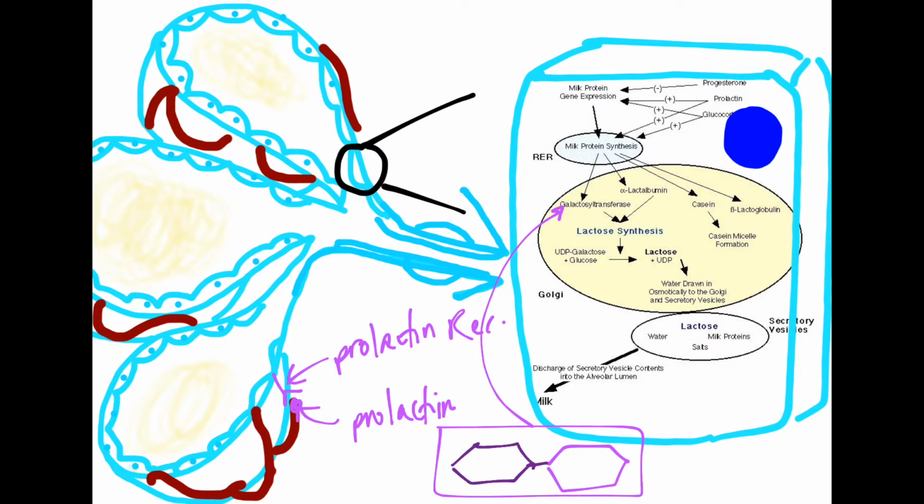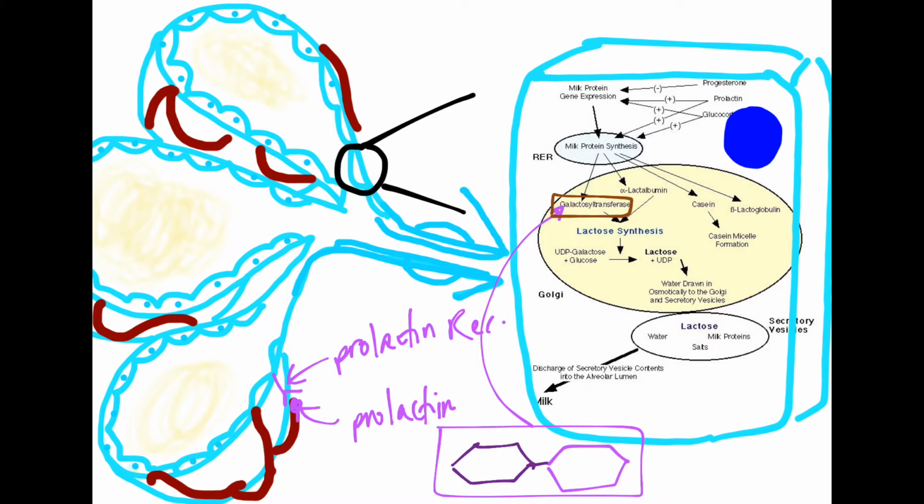We said that prolactin is responsible for producing a carbohydrate, which is lactose, by increasing this enzyme right here, lactosyl transferase. It also produces two types of proteins: casein proteins, which are responsible for forming globules that give calcium and phosphorus to the baby, and whey proteins, which are for protection, such as immunoglobulins, lactoferrins, and stuff like that.